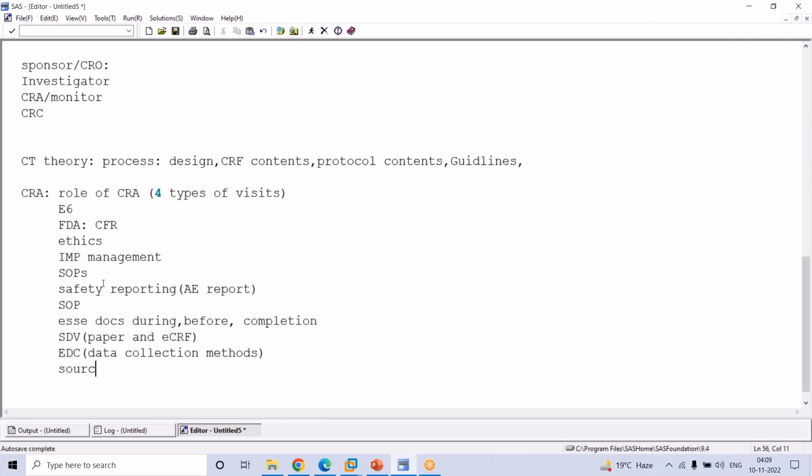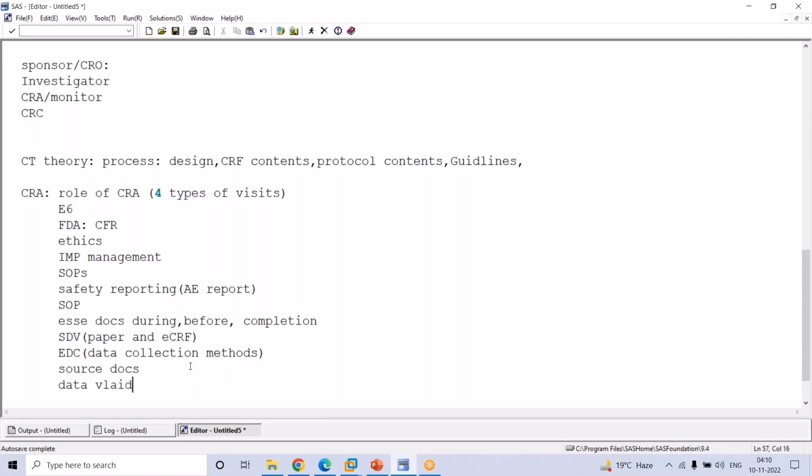So I will explain the source documents, also how they perform the SDV by logging into EDC. This is hands-on. This will be covered hands-on. So how CRA log into the database and how they check the data also will be explained.